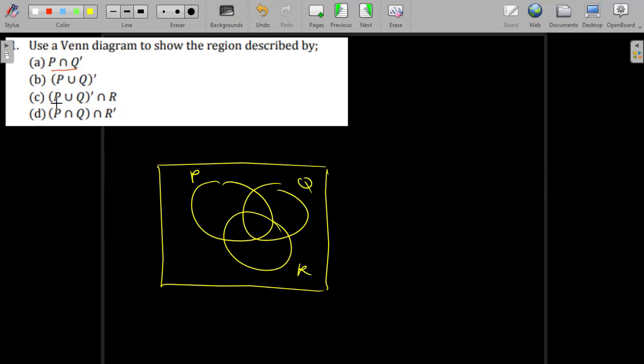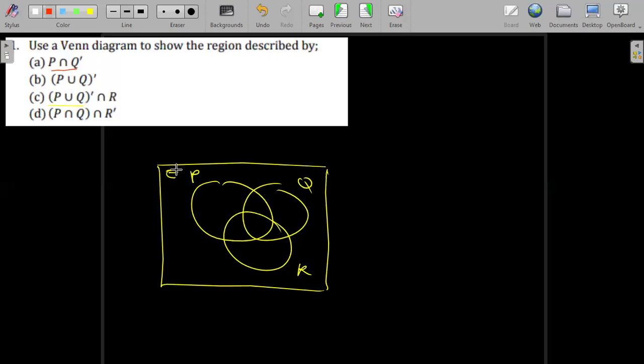So the first part says P union Q complement. So I'll shade first of all what P union Q complement is. So meaning I'm not going to shade P and Q, but everything outside P and Q, because it's a complement. So how am I going to get that?